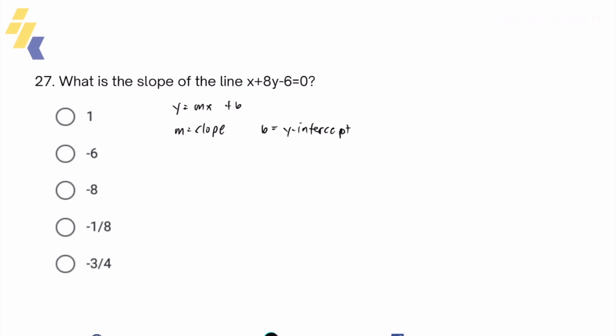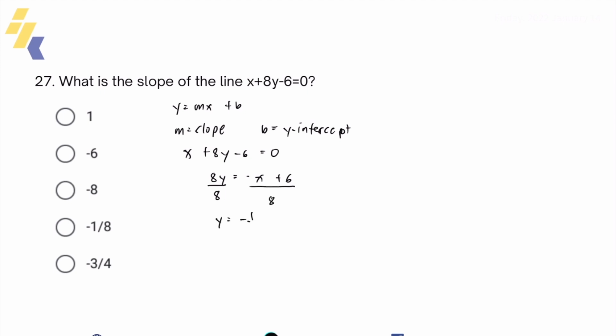Now, x plus 8y minus 6 equals 0. We have to isolate 8y, and negative x plus 6 will be at the right side of the equation. Now we have to divide both sides by 8.